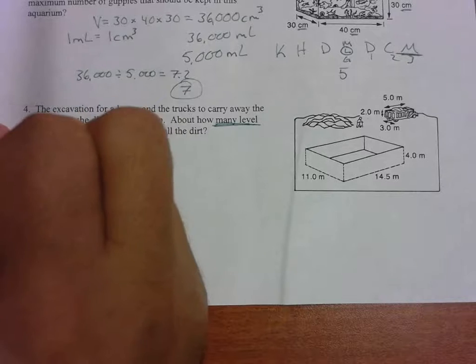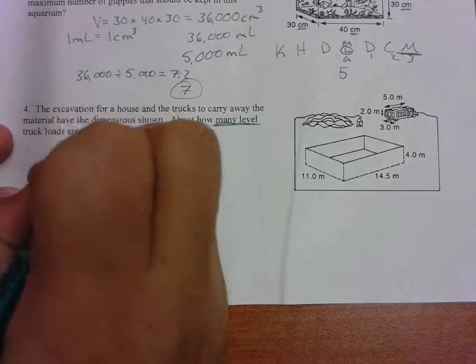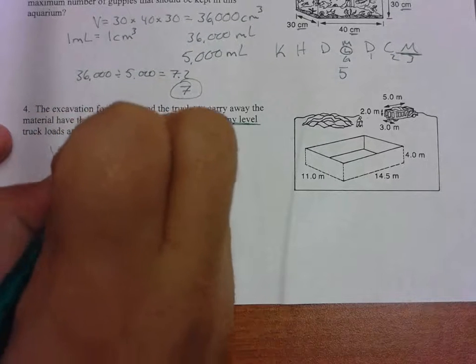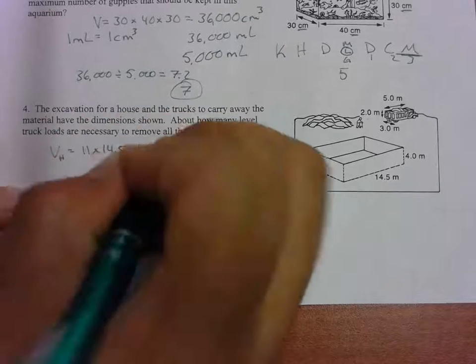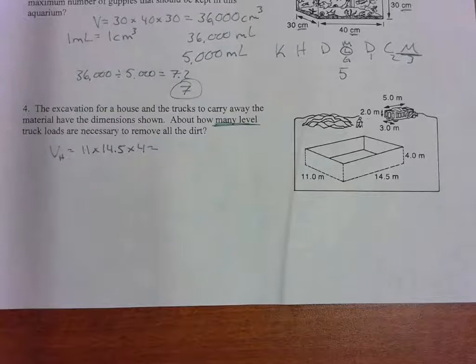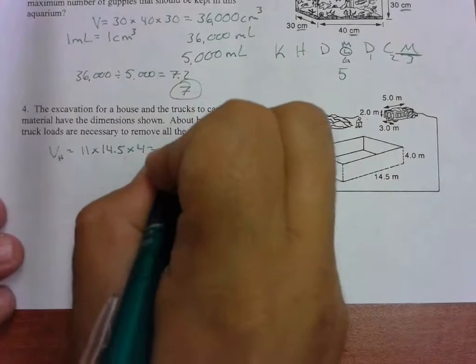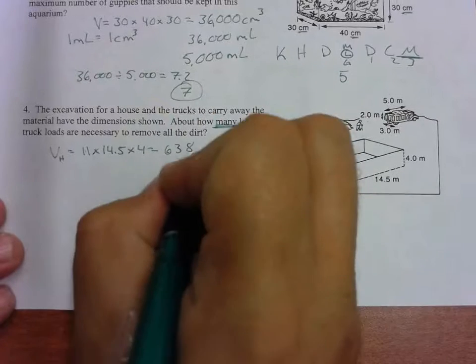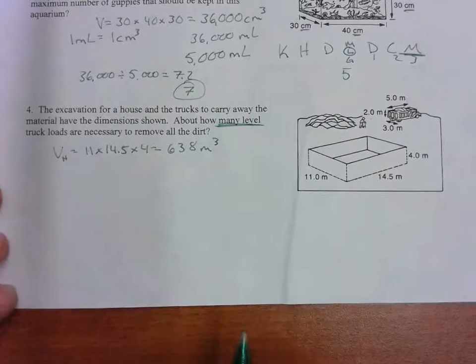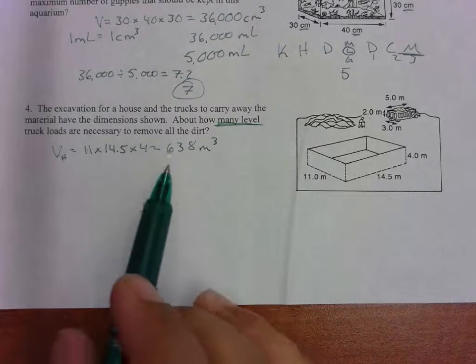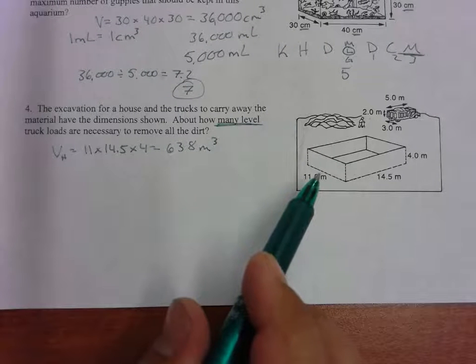So the volume of the hole is 11 times 14.5 times 4, which is 638 cubic meters. So there's 638 cubic meters of dirt coming out of this hole.